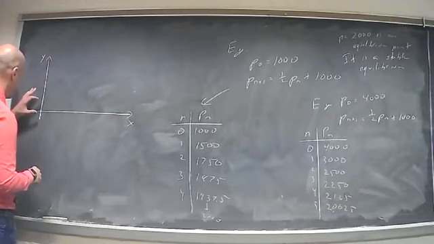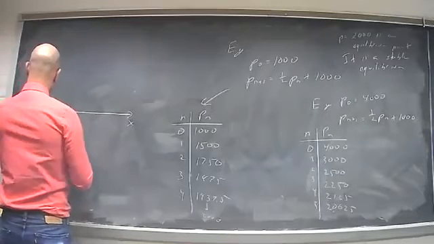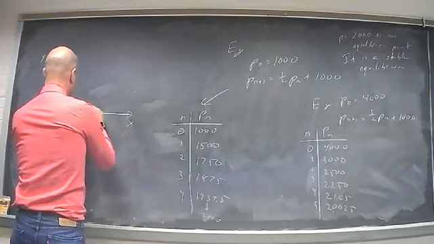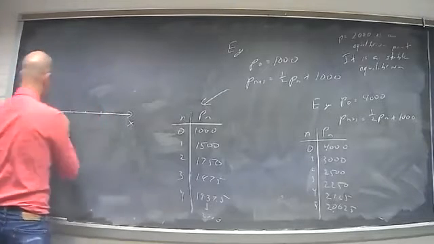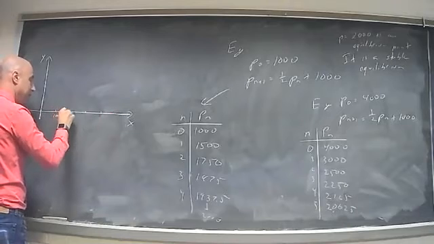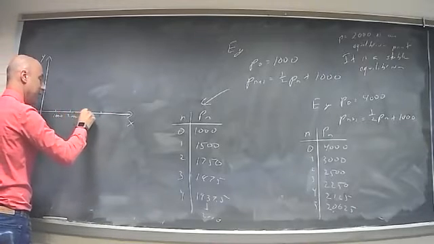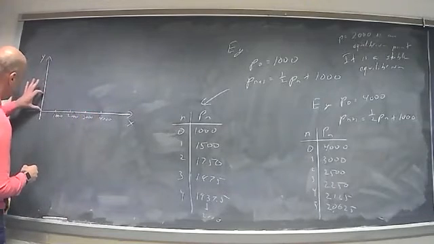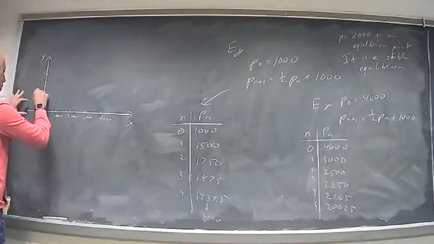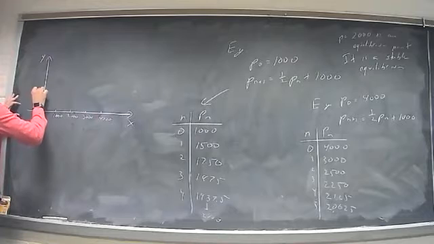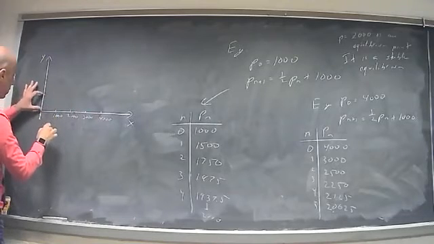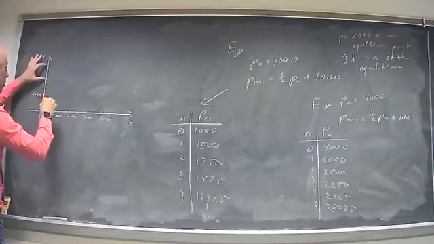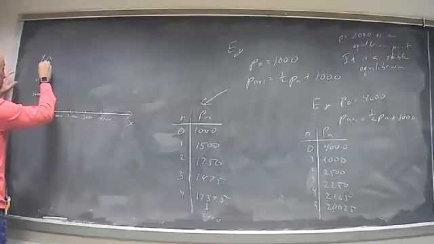And I'm going to mark some points on here. I'll make a scale on here. This is 1,000, 2,000, 3,000, 4,000. Let me try to put the same scale here. 1,000, 2,000, 3,000.